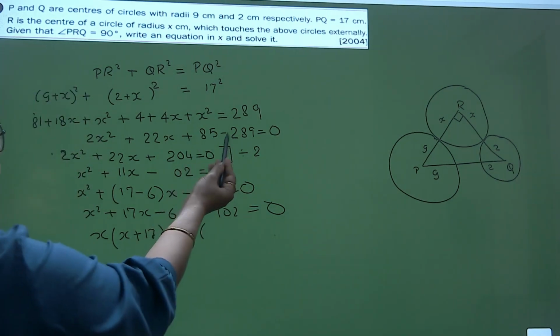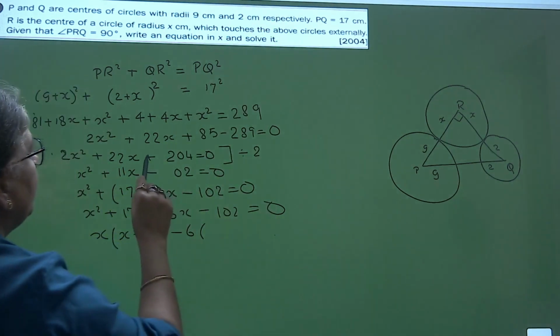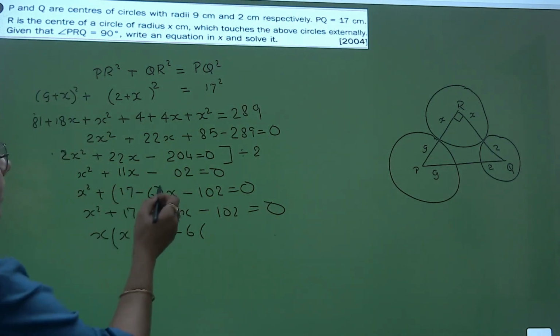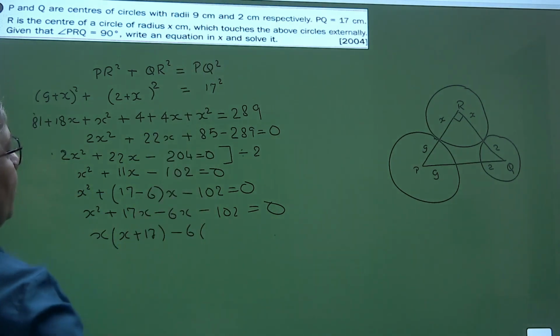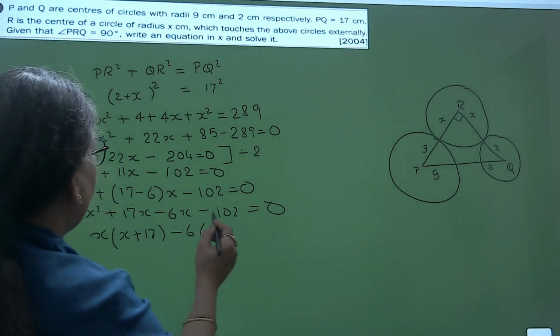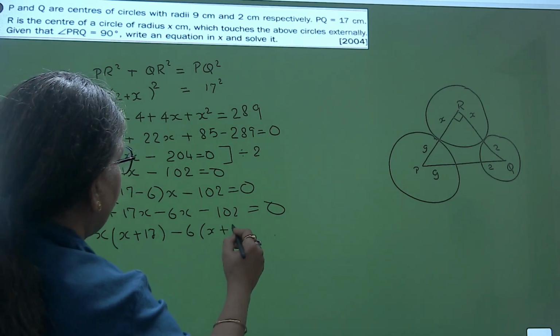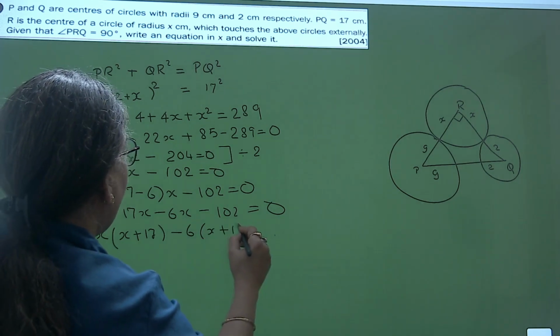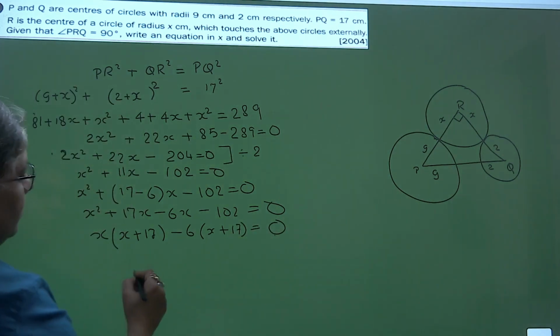So make a correction. So we get minus 102. So here we get x plus 17 is equal to 0.